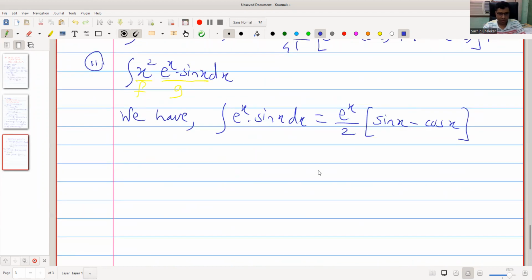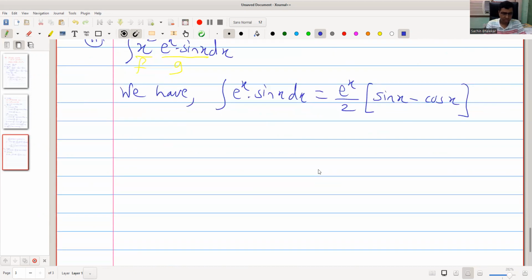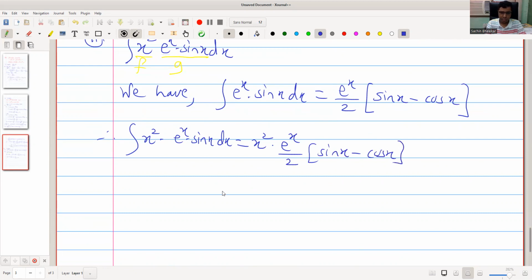So therefore, this integral of x square into e raised to x sin x dx is equal to: first function is x square, integral of second function is e raised to x upon 2 (sin x minus cos x), minus integral of the derivative of the first function, which is 2x, into the integral of the second, e raised to x by 2 (sin x minus cos x) dx.